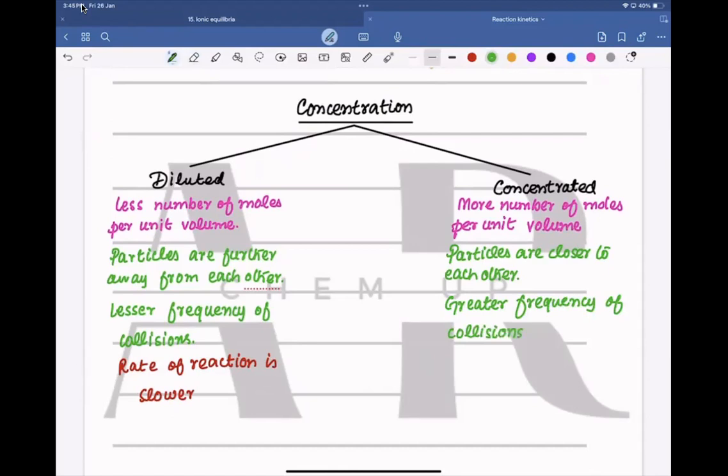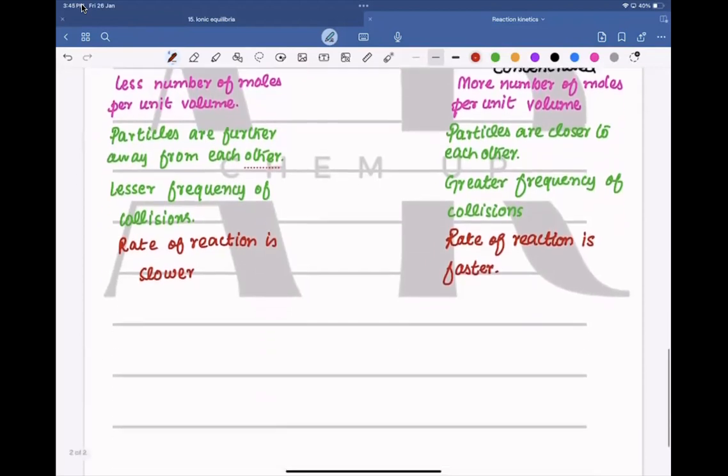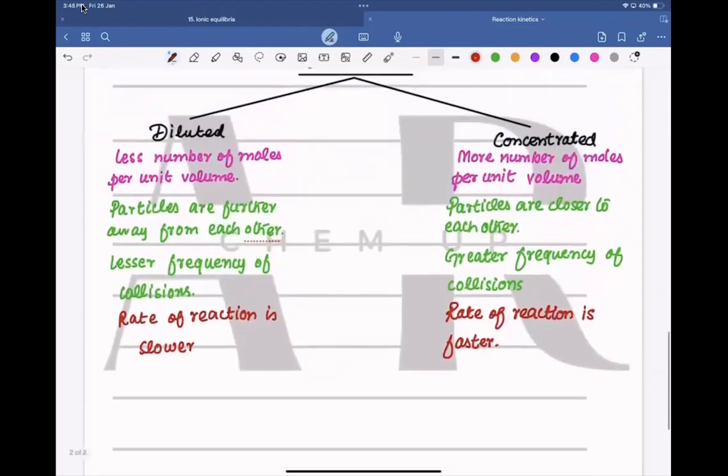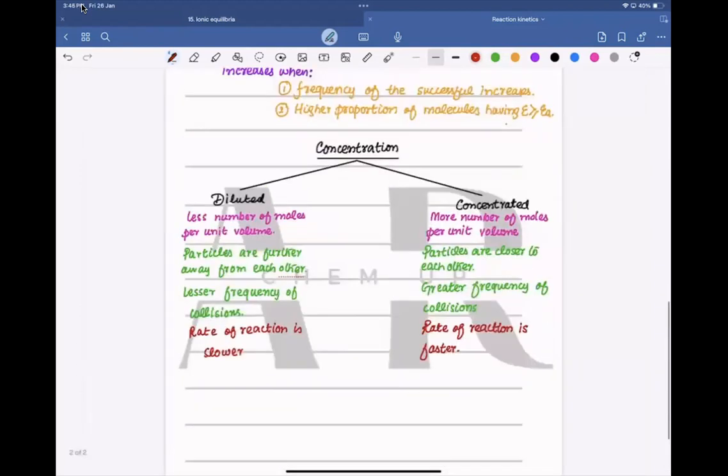You can write successful collisions as well. And as a result, the rate of reaction is faster. Is this clear to all of you?